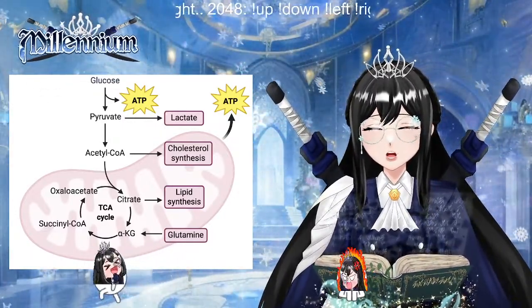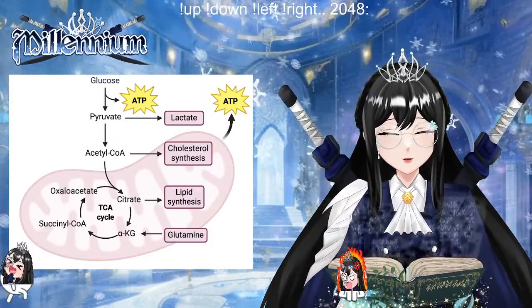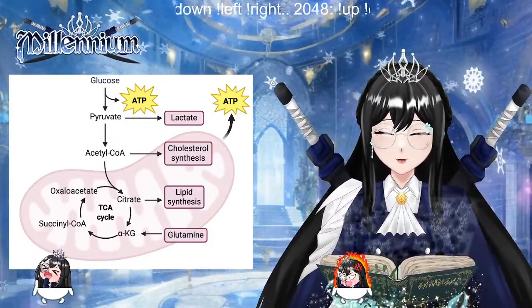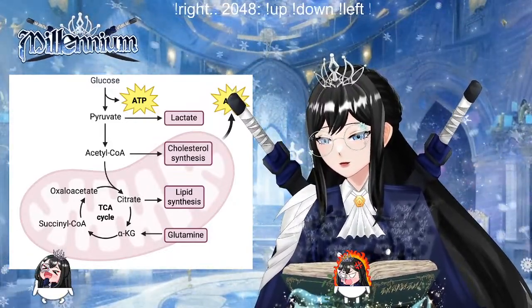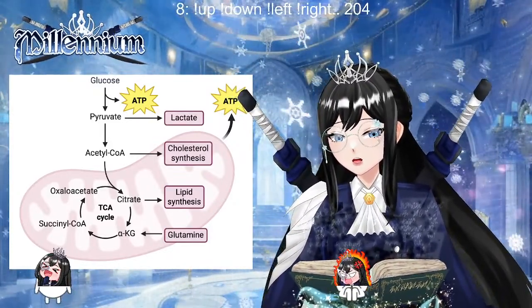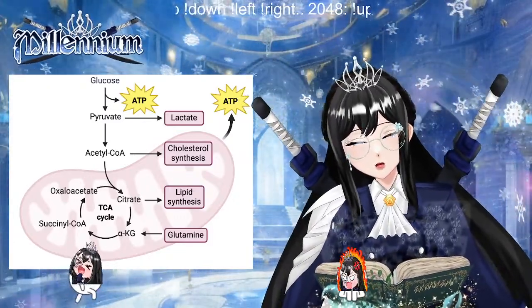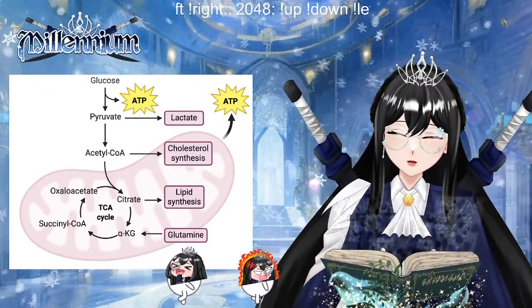Then you have phosphoglucose isomerase, which just switches the form into a fructose, so you have fructose 6-phosphate.